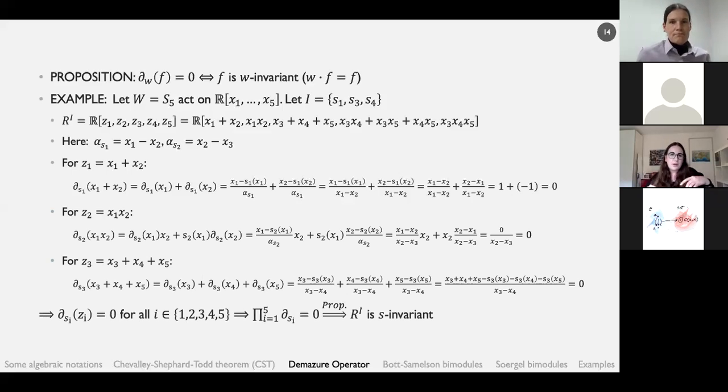Since now delta Si of Zi is 0 for all the i's, the product is also 0 of all those 5 divisor operators, and we can apply the property from above, and we get that R is S invariant.